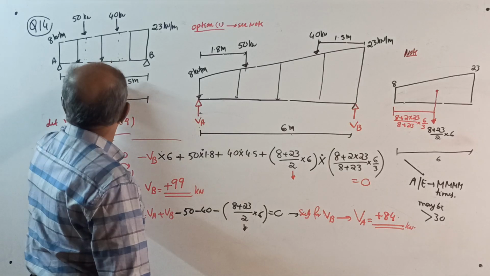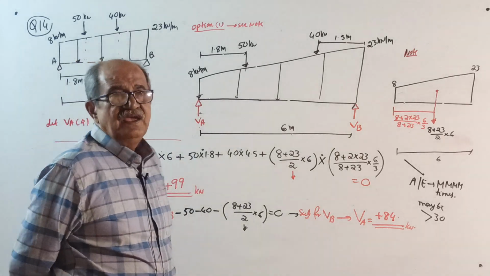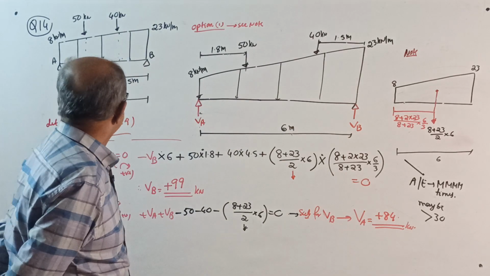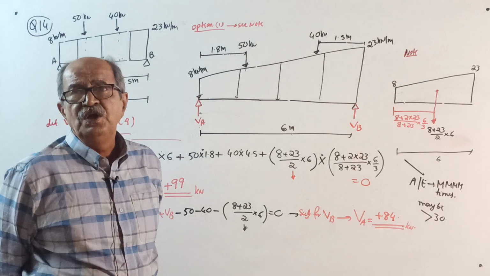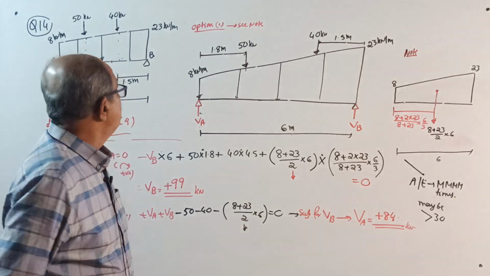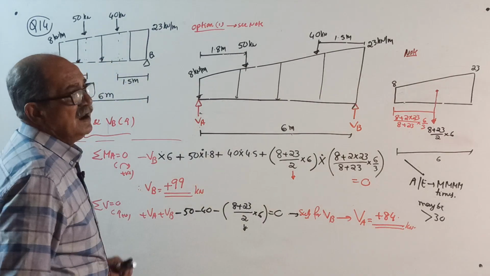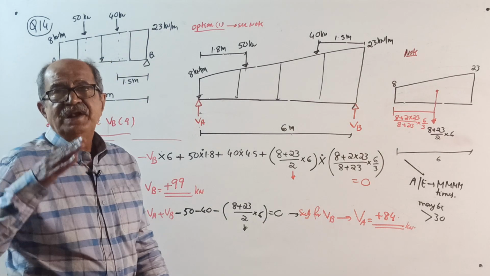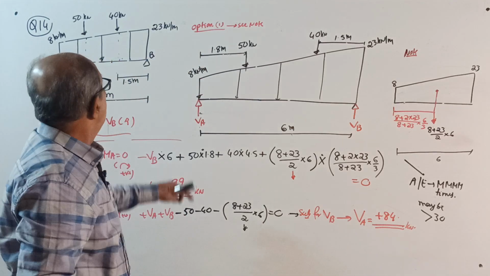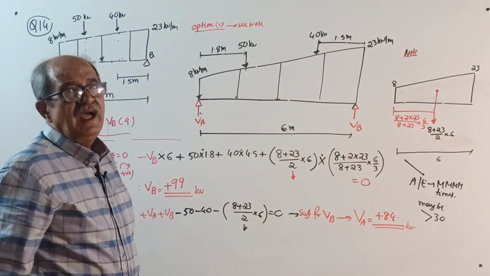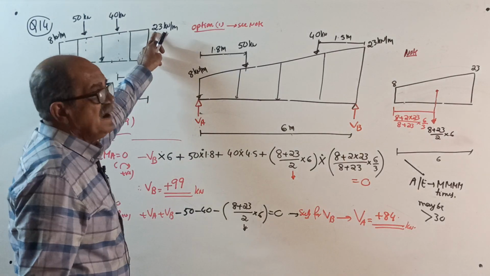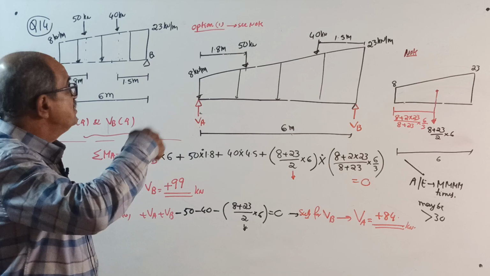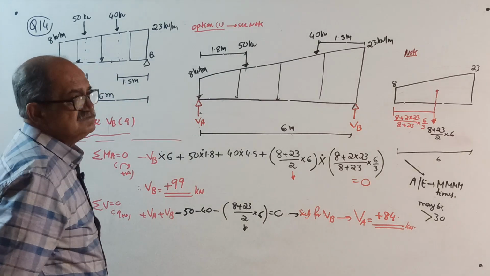No, 14. Again, question. A simply supported beam of span 6 meter is loaded by an uniformly varying load with the intensity of 8 kN per meter at the left end, which linearly increases to 23 kN per meter at the right end. Or they can tell 23 kN per meter at right end linearly reduces to 8 kN per meter.